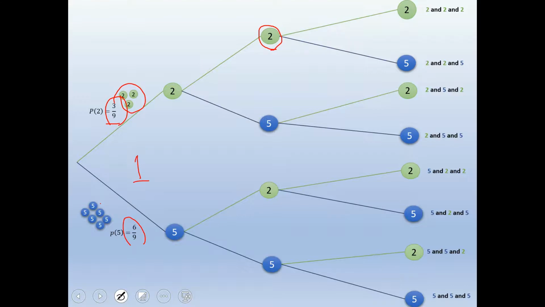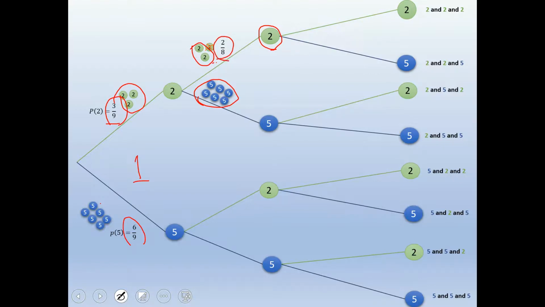How many counters labeled 2 are left in the second trial if he already took a counter labeled 2 out? That's 2 counters. But how many counters are left in total? That's 8. Why? Because we have 2 counters left labeled 2 and still 6 counters labeled 5. So the probability of this branch will be 2 over 8.